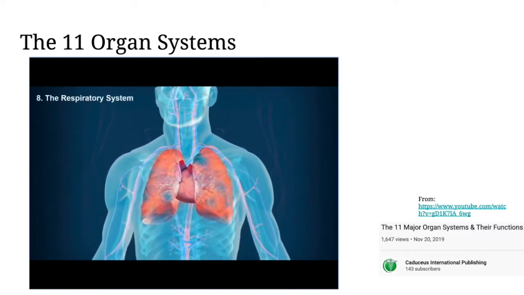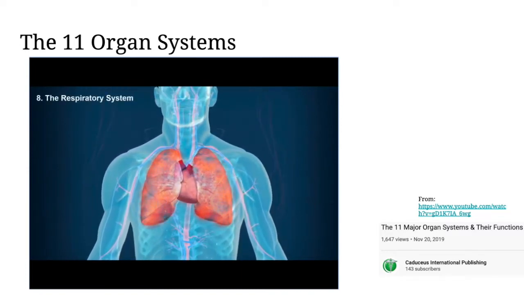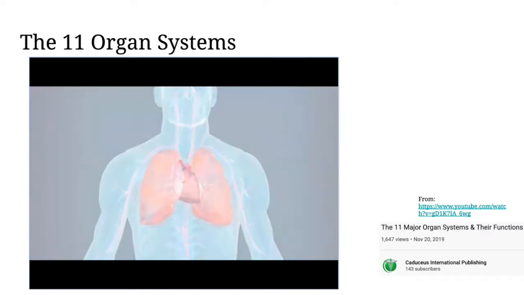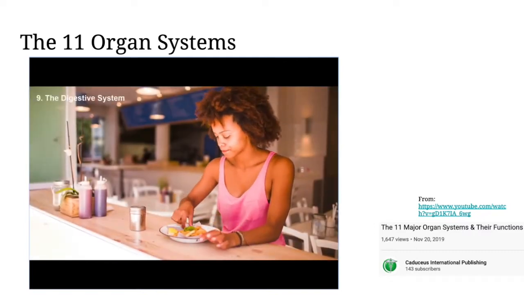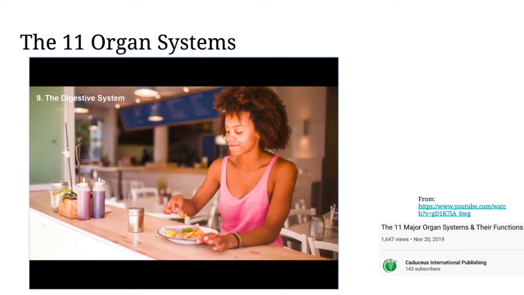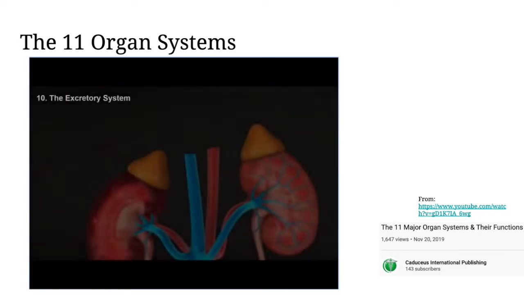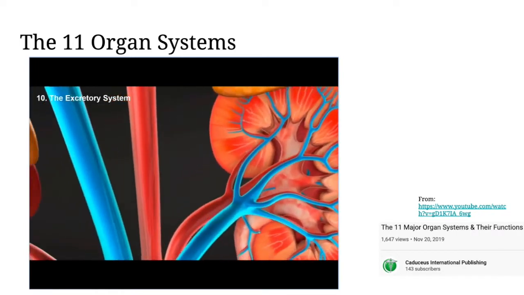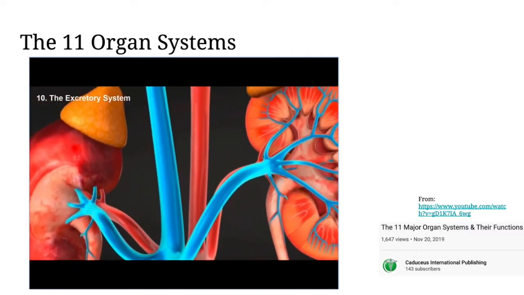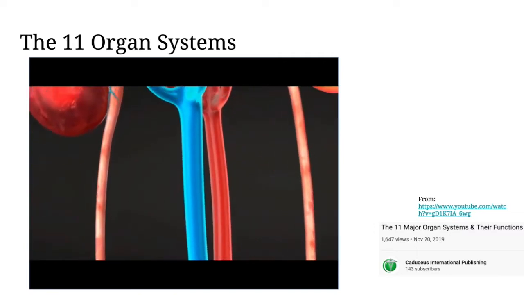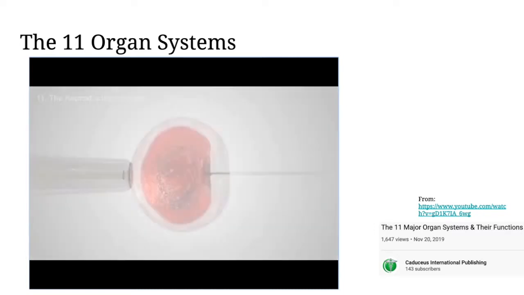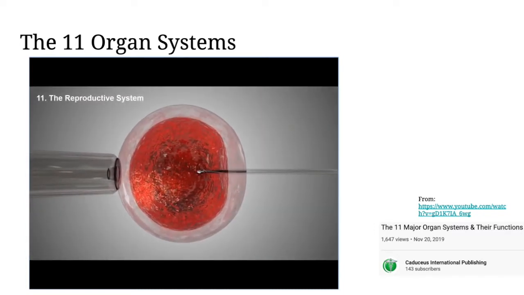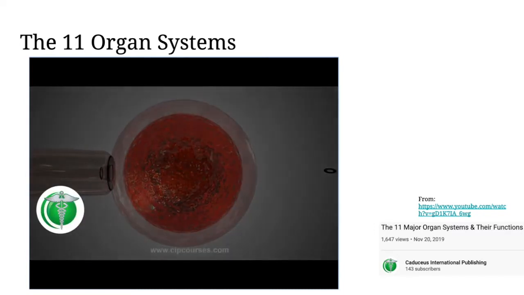The respiratory system exchanges gases as well as filters and transports air. The digestive system breaks down food and nutrients for absorption and use. The excretory or urinary system is responsible for maintaining pH and balance of body fluids, as well as excretion of waste. The reproductive system gives the organism the ability to produce offspring.